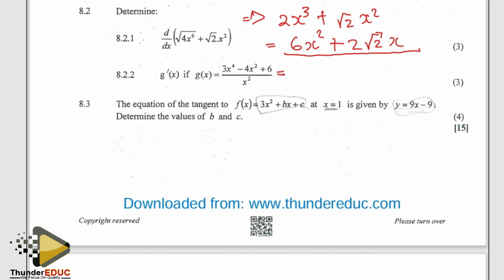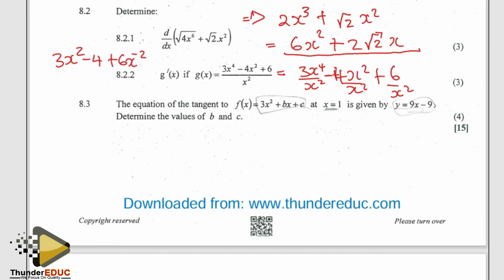Then here, what we need to do, first split up. That's going to be 3x to the 4 over x squared, minus 4x squared over x squared, plus 6 over x squared. Simplifying that, it would be the same as 3x squared minus 4 plus 6x to the negative 2.